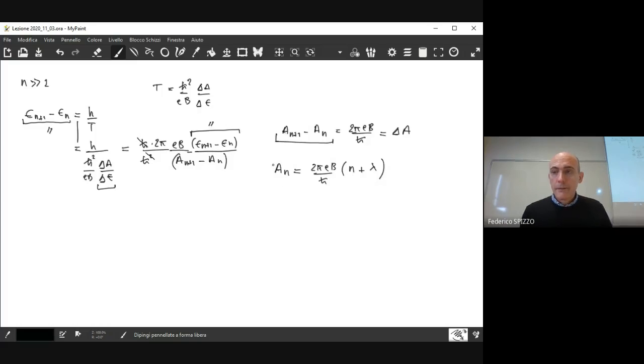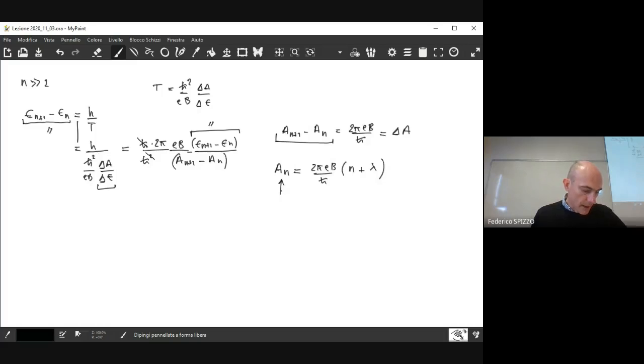At this point, if you remember the picture that I presented to you before, what is the area that is of interest when we consider the intersection between the family of cylinders and the Fermi surface? It is the area that corresponds to the Fermi surface. So it is the maximum area that you may consider.